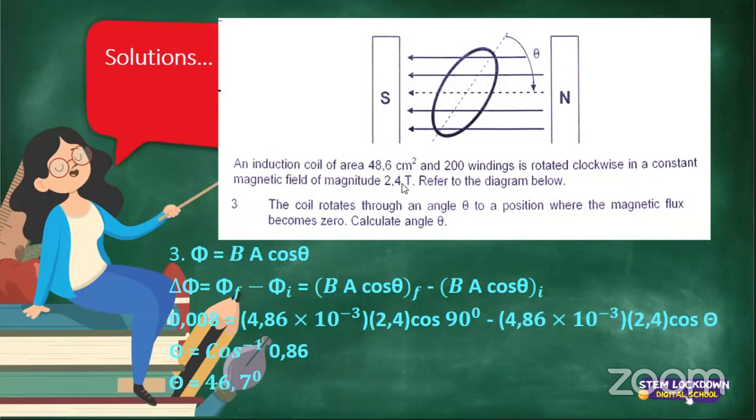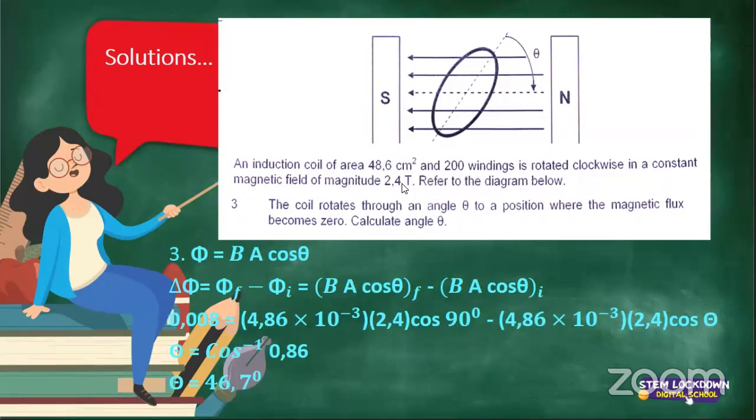So it will be 100 squared, which is 10,000. So you are dividing 48,6 by 10,000, which is 0,00486, which is the same as 4,86 times 10 to the power minus 3.